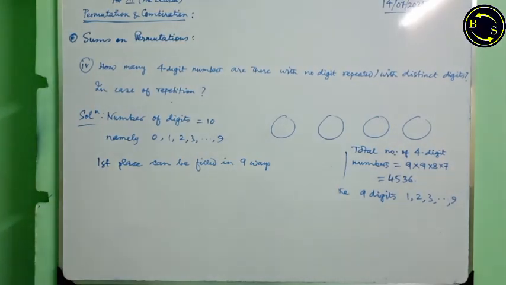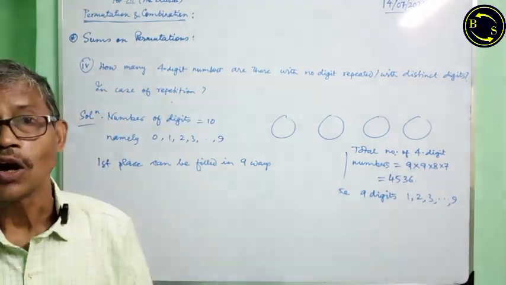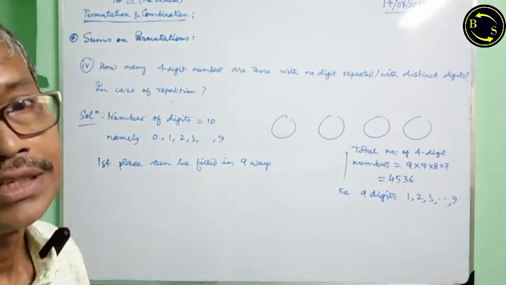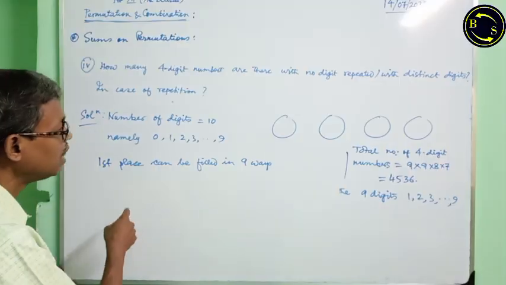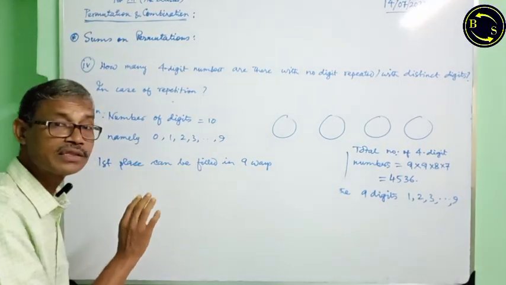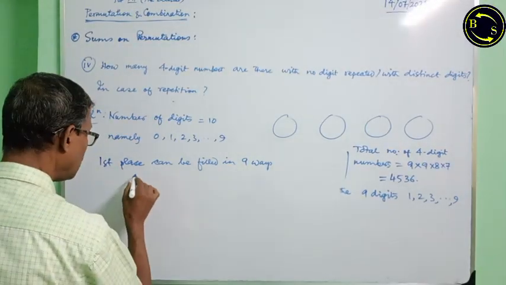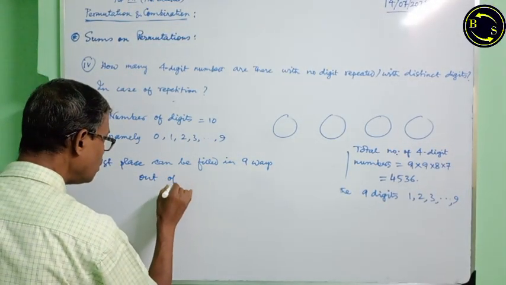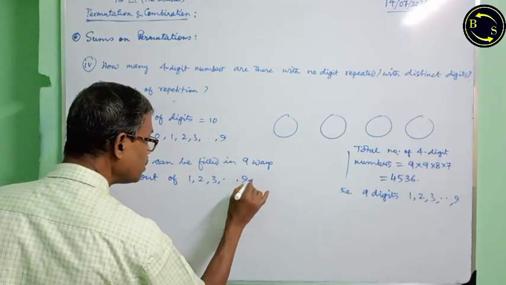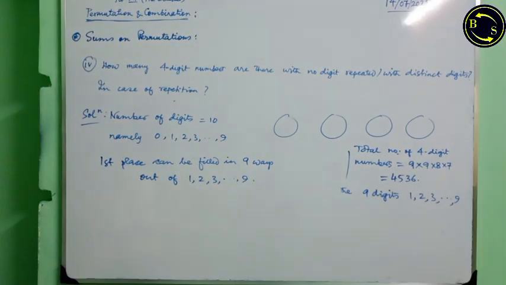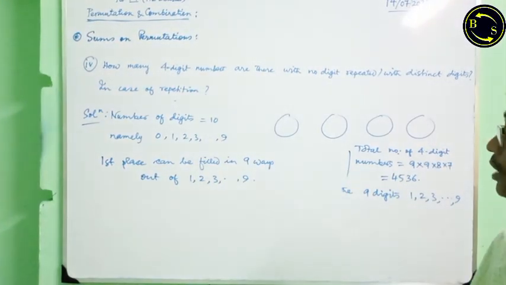Since repetition is allowed, for filling the second place, we have how many digits? 10 digits. Though we have filled the first place using 9 ways out of 1, 2, 3, up to 9. Students, try to understand. Repetition is allowed.